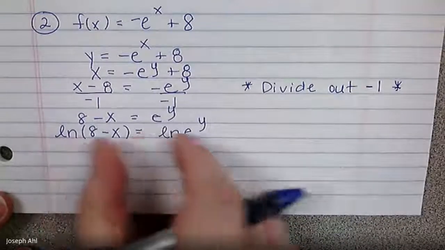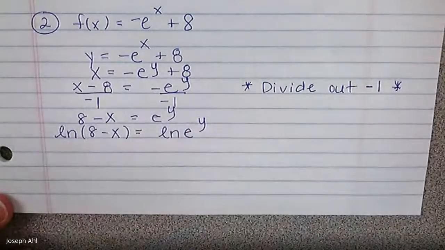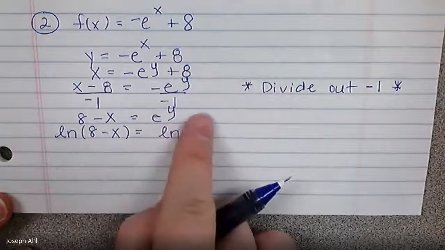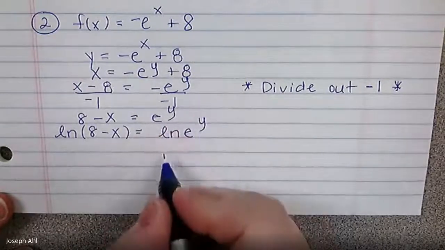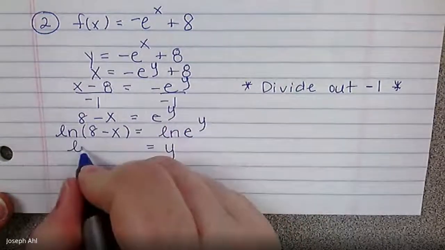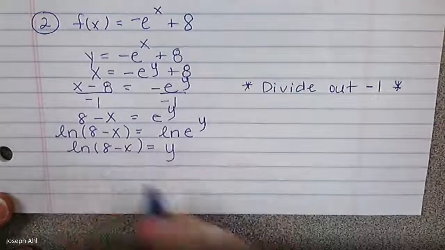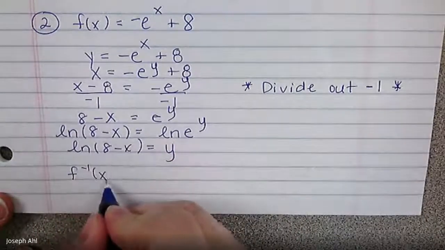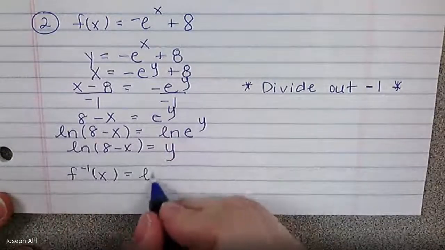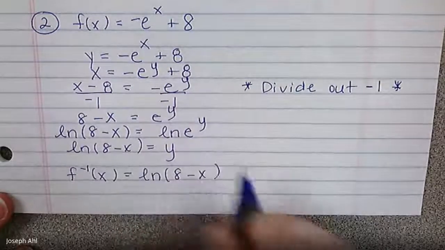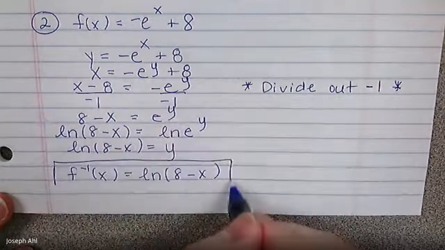So you're going to take the ln of both sides as the most efficient way of getting y alone. Ln of e to the y is just y. So y equals the ln of 8 minus x. And therefore, your inverse, if you wanted to rewrite this, would be the natural log of 8 minus x.